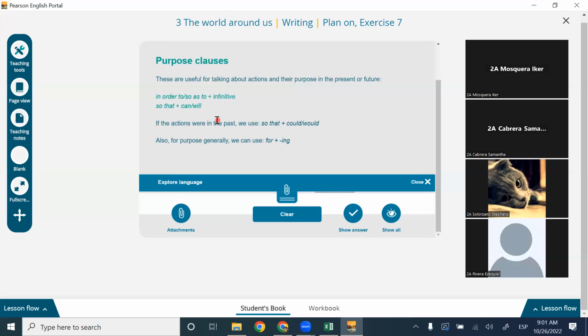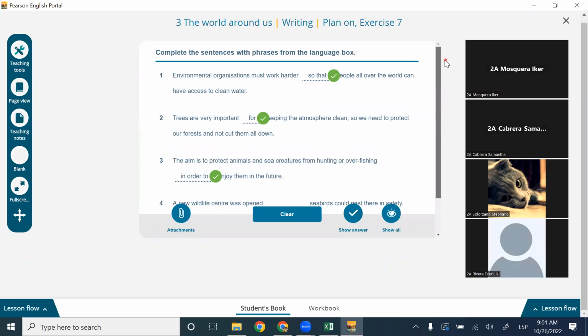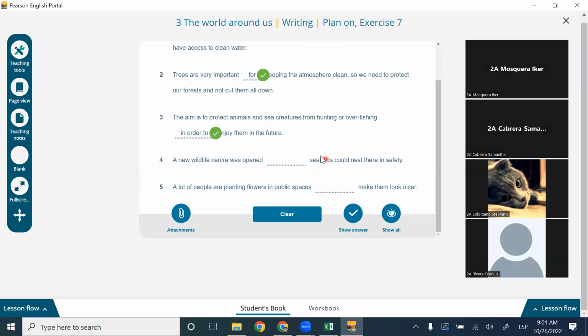Remember, it's in the past and you're using could. Was opened, and you say could. What is number 4? In number 1, you have the nouns and you have can. Now you have nouns and you have could.